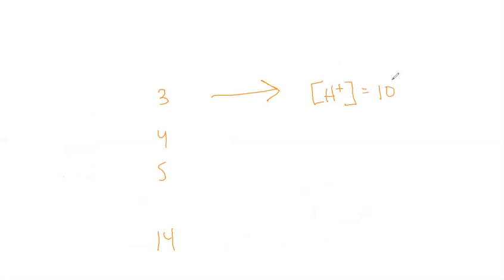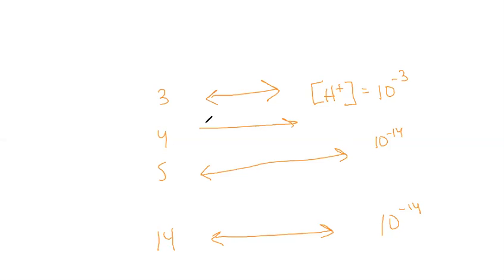So 10 to the negative 3, 10 to the negative 4, 10 to the negative 14. Those equations just switch back and forth between that number and that number. And I didn't write that out for 4. Whoops, why is that a 14? 5. You know what I mean. Okay, hopefully that helps explain the pH stuff a little bit better.